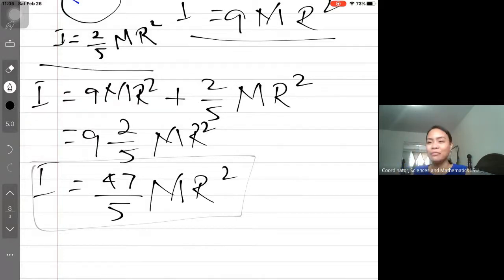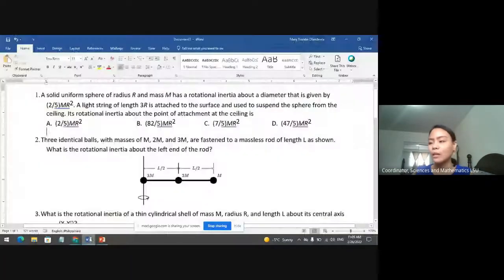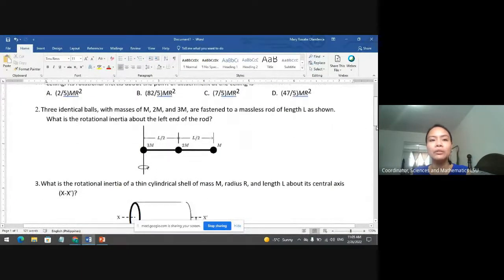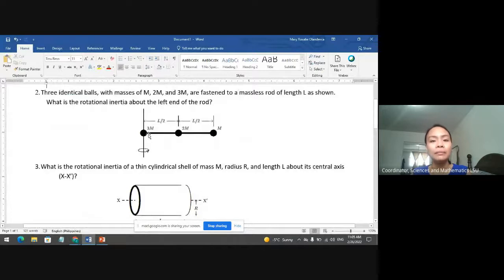All right, and for problem number 2, I will share my screen again. Problem number 2: three identical balls with masses m, 2m, and 3m are fastened to a massless rod of length L. Again, this is a massless rod, so we do not account for the mass of the rod.